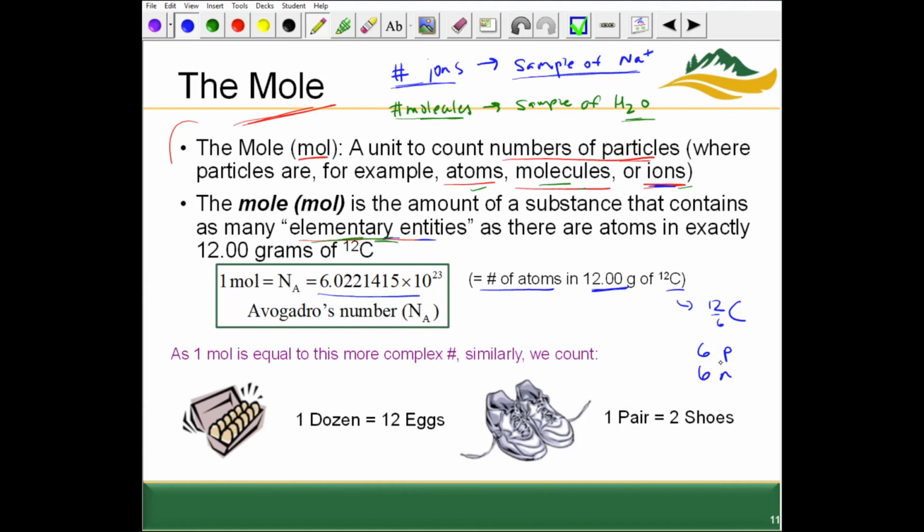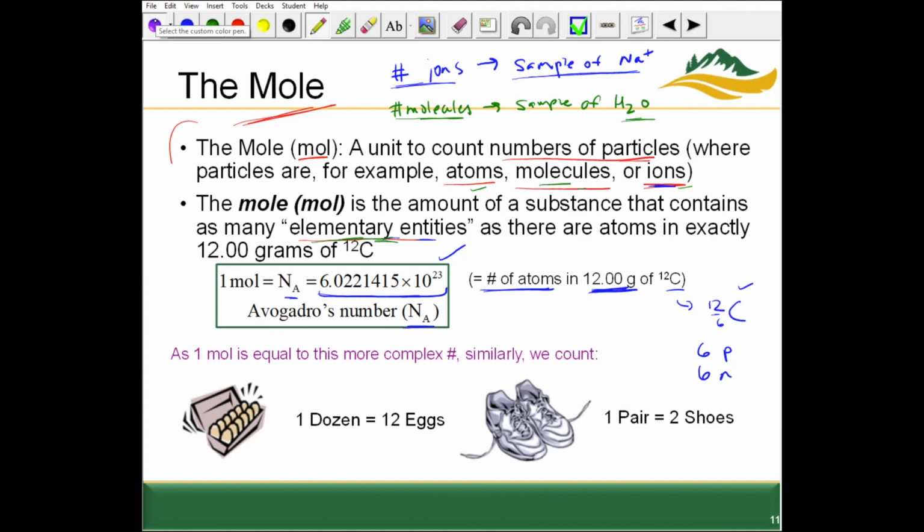So Avogadro was able to determine the number of atoms in exactly 12 grams of carbon-12. This determination led us to this value here. So 1 mole, represented as Avogadro's number, or N sub A, is 6.022 times 10 to the 23rd.